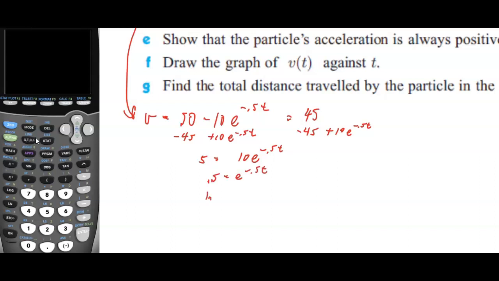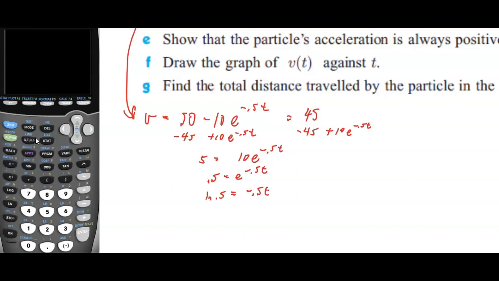If I take the natural log of both sides, the natural log and e cancel each other out, and I'm left with negative 0.5 t on the right side. Because I took the natural log of the left side, it becomes the natural log of 0.5.